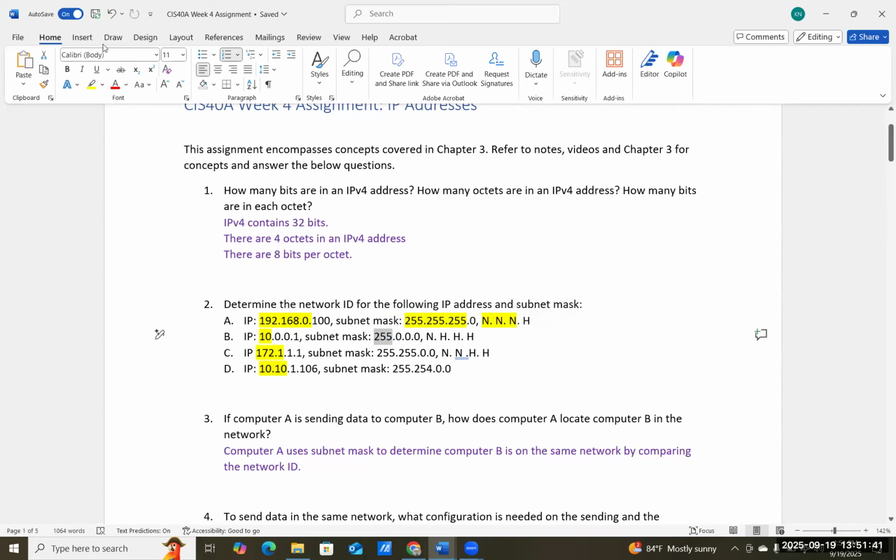So you see that only the first 8 bits of the subnet mask are on, and that would represent your network ID, right? And then the rest is going to be host. So the last 3 octets on this IP address represent the host value.